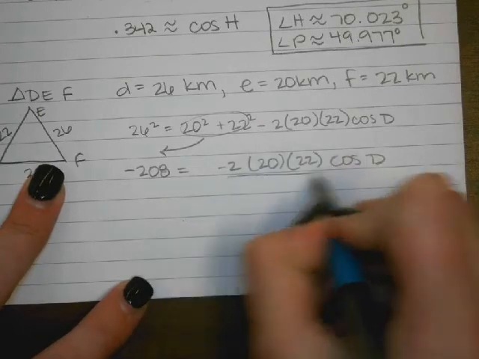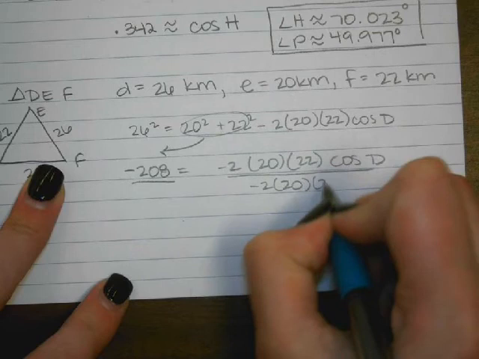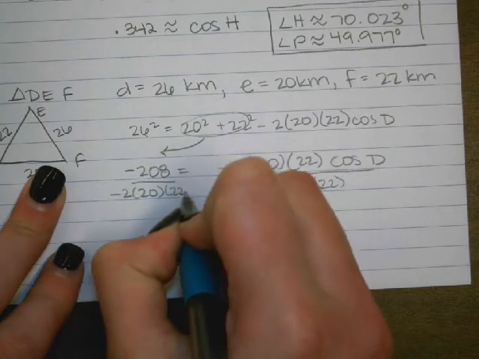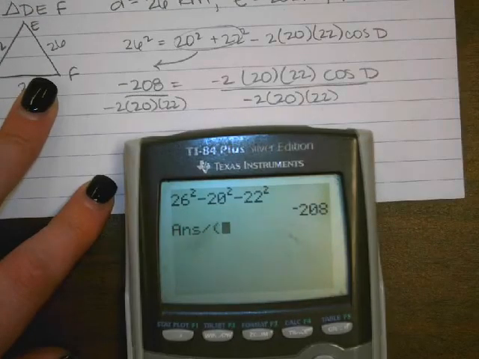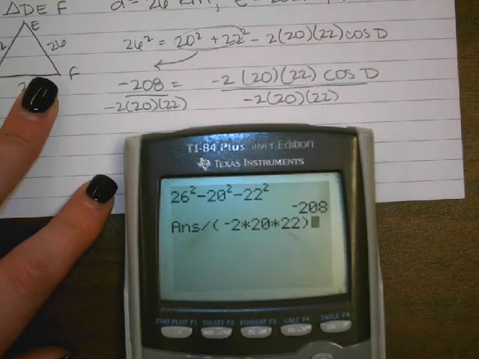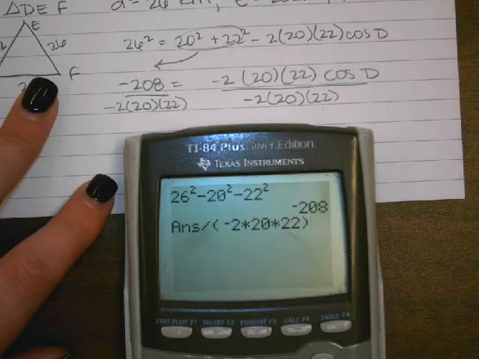And so I'll go ahead and divide on each side. So I have negative 208 divided by negative 2 times 20 times 22. Again, you'll see that I'm being very careful to make sure the entire denominator is in parentheses.